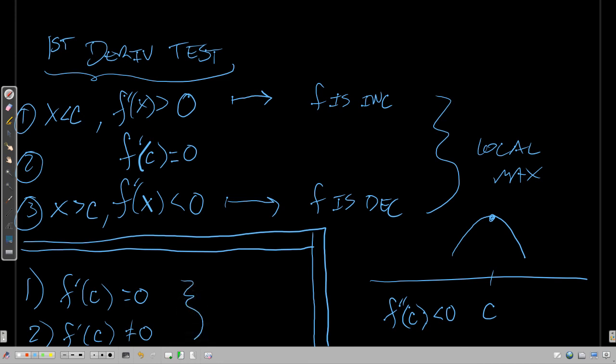Then these two things together can tell you if you have a local extreme. Because right here, f double prime of C was less than 0, so it was concave down at a critical value. That's all it is. If it's concave down at a critical value, then it makes a maximum right there.